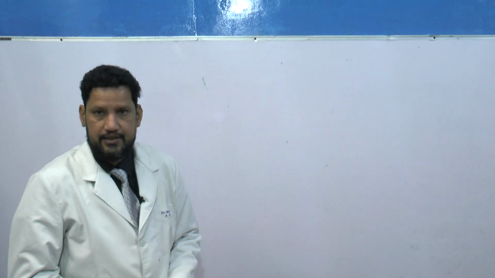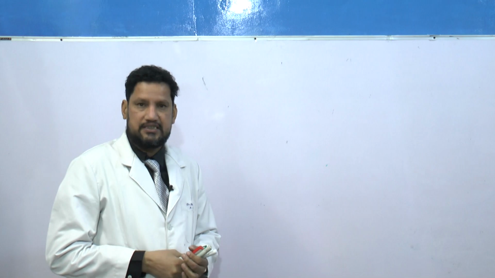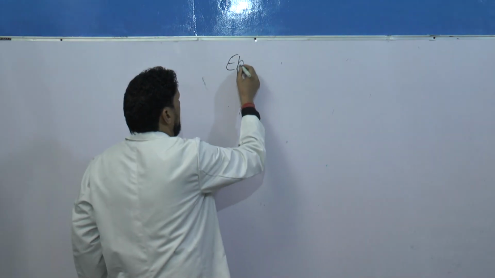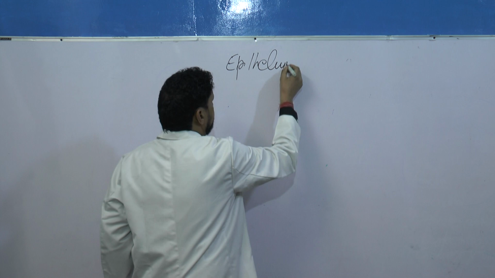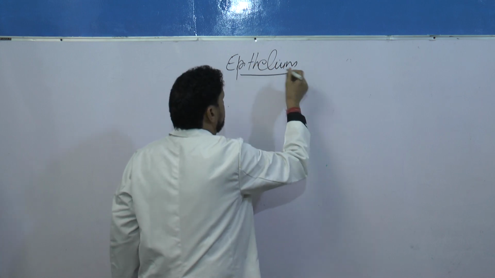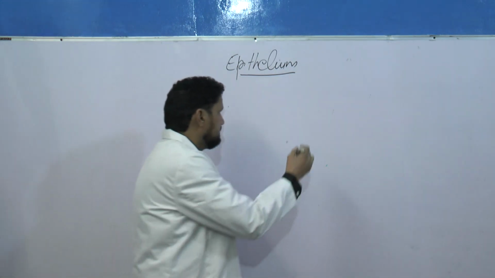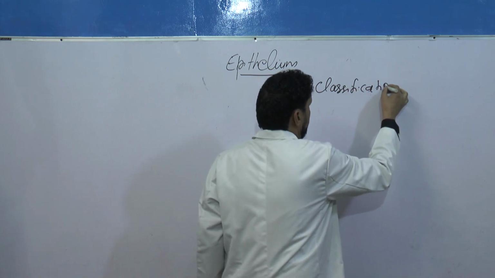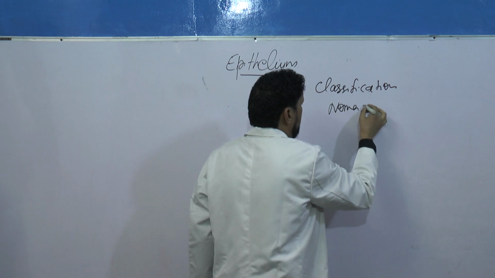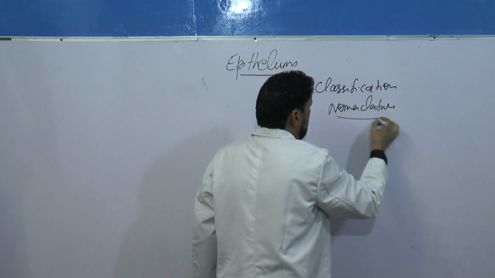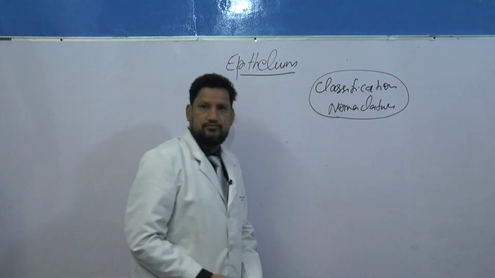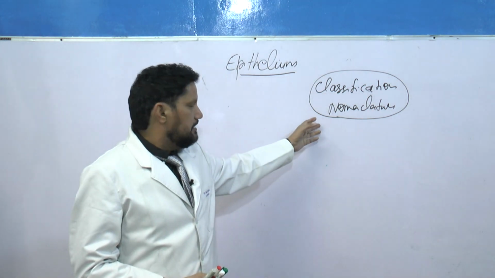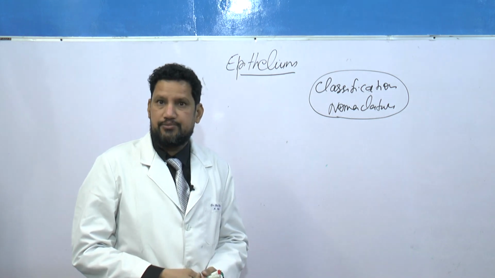The primary and traditional criteria of classification and nomenclature of epithelia is based on the type of cell.